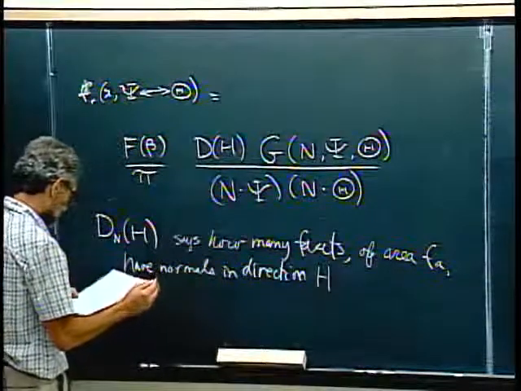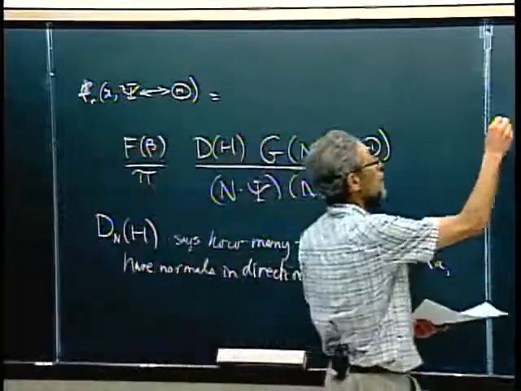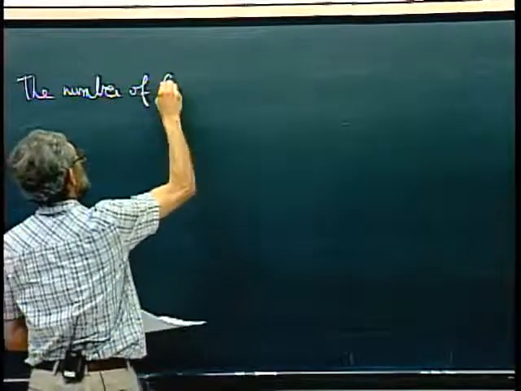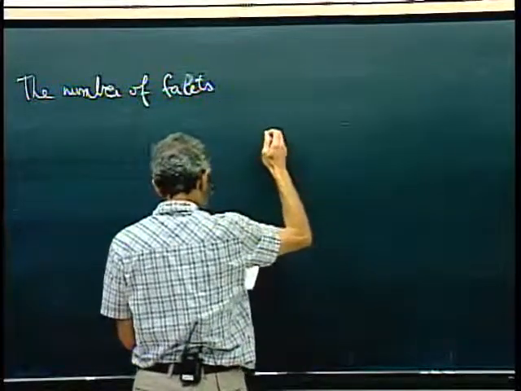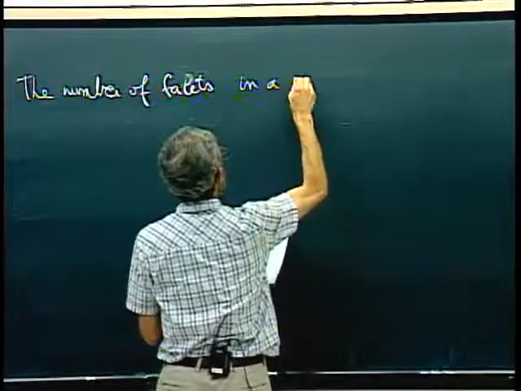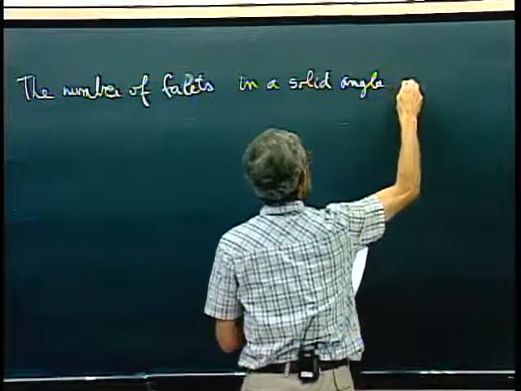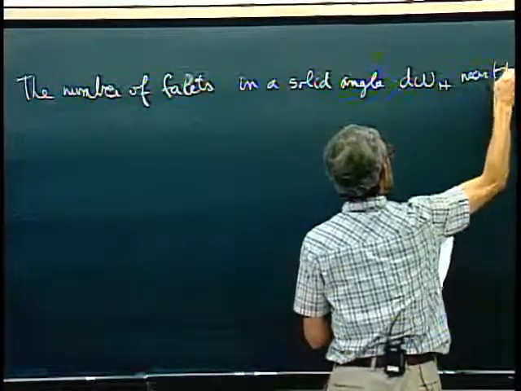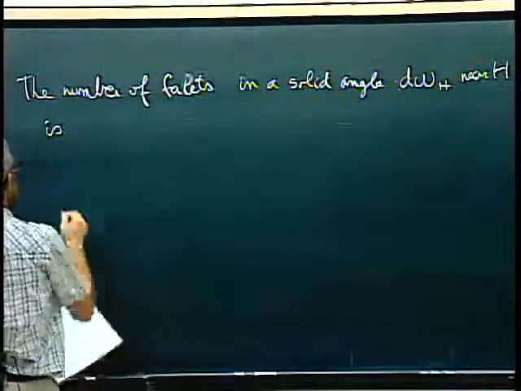And so if we really want a number, maybe I'll put it on the board here, the number of facets in a solid angle, say d omega h near H, is okay.